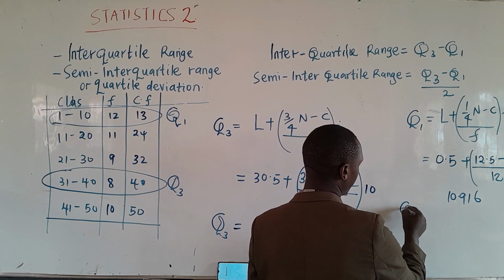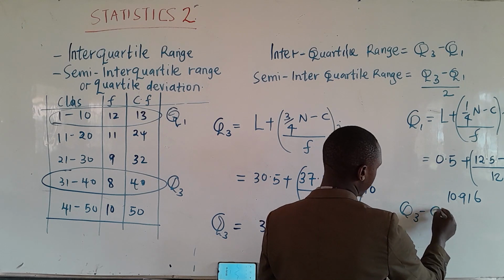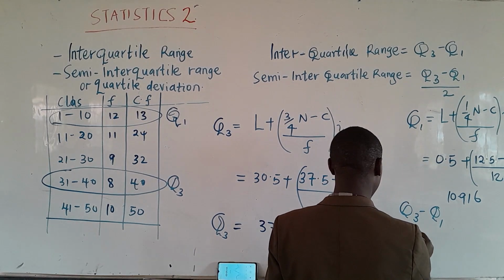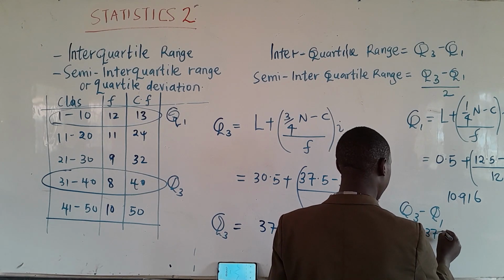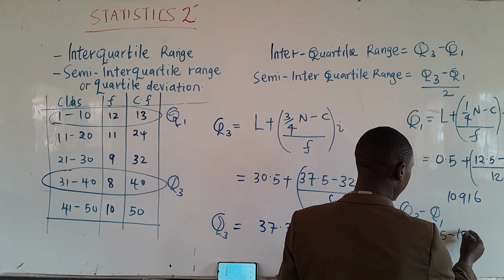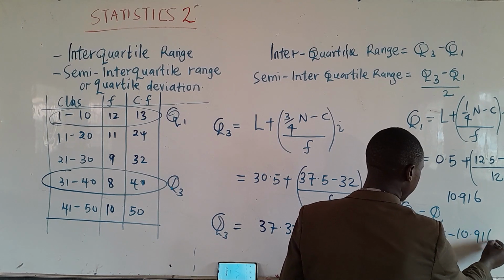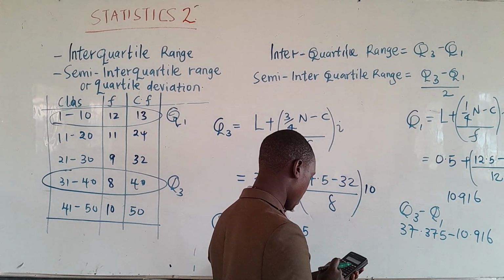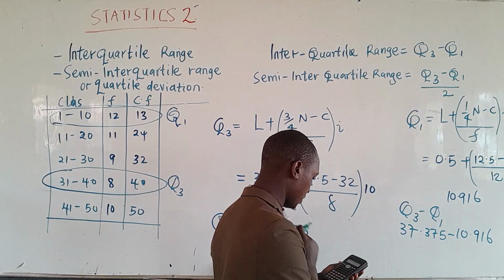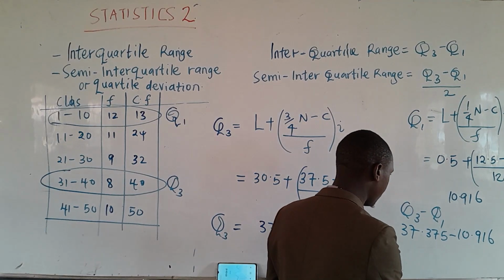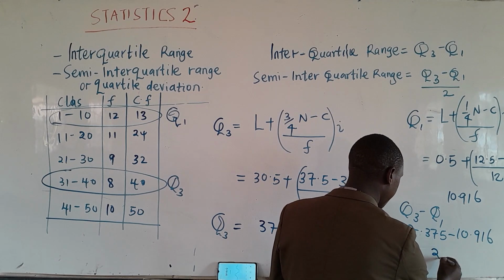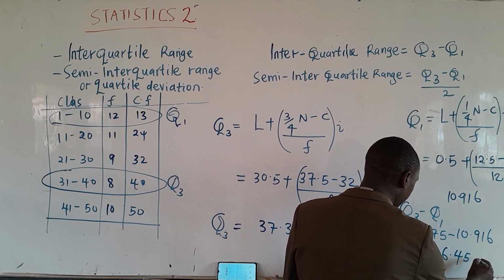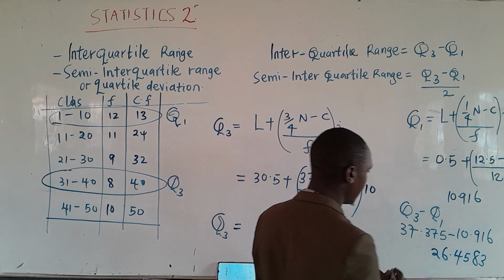The interquartile range is Q3 minus Q1, which is equal to 37.375 minus 10.916, and you get 26.4583. That becomes the interquartile range.